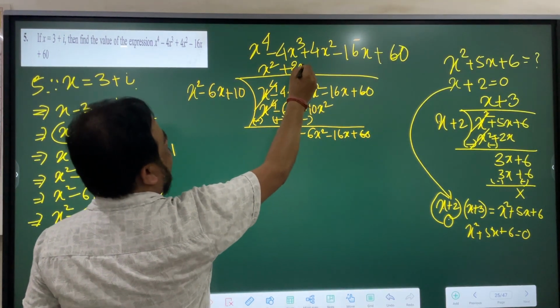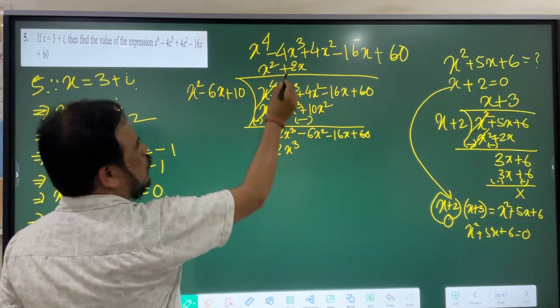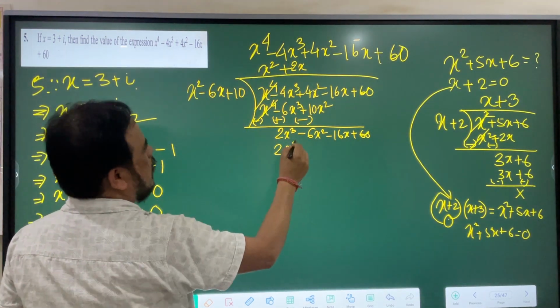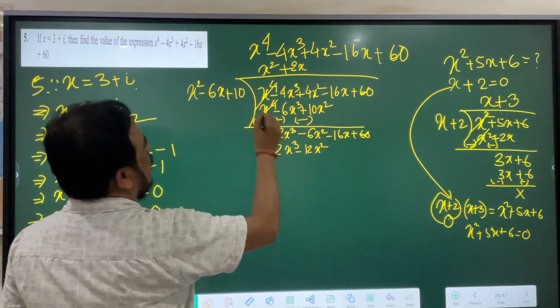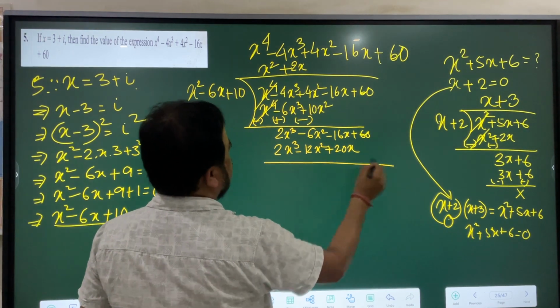Plus 2x, x square into 2x is 2x cube, minus 6x into 2x, minus 12x square, plus 10 into 2x, plus 20x.